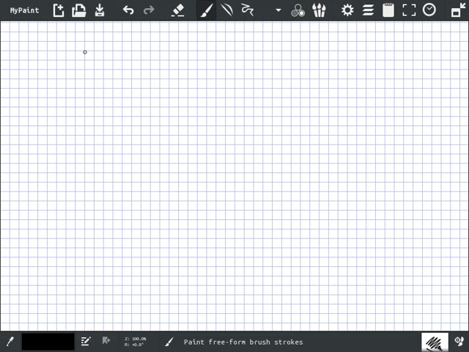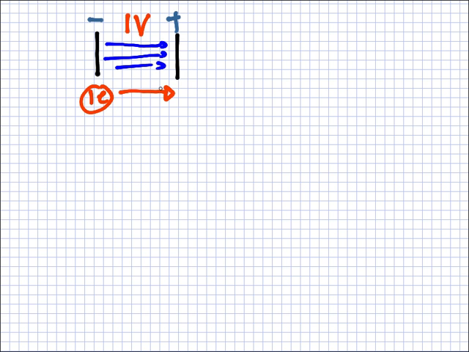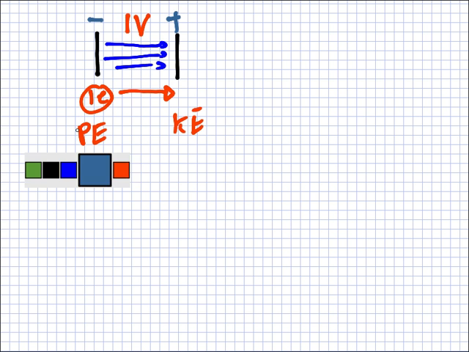But look, here's the easy way to remember it. Okay, you have two plates. This plate is negative, this plate is positive, and here is 1 volt. Here is 1 electron, and this 1 electron will move from here to here. Here it has potential energy, and here it has kinetic energy. We say that the potential energy it has, we call that 1 EV.